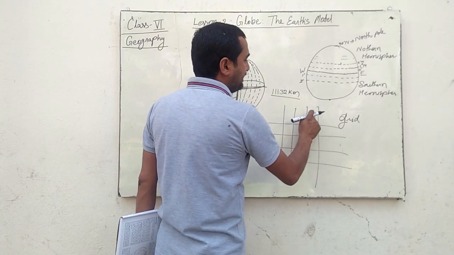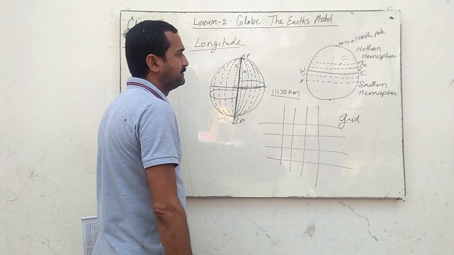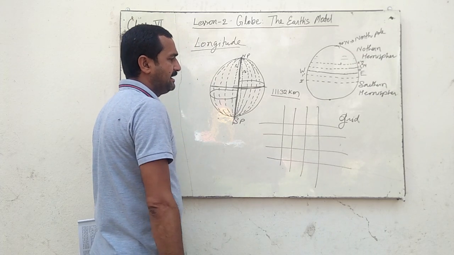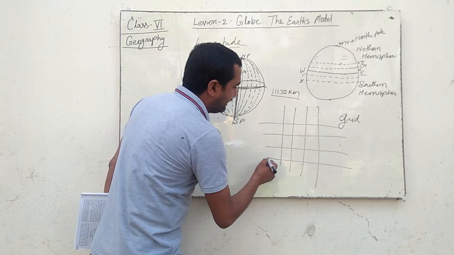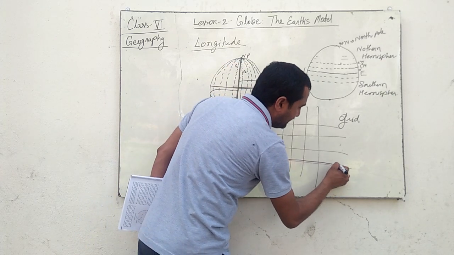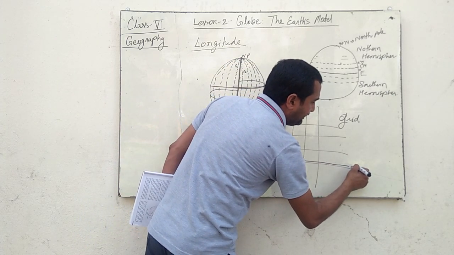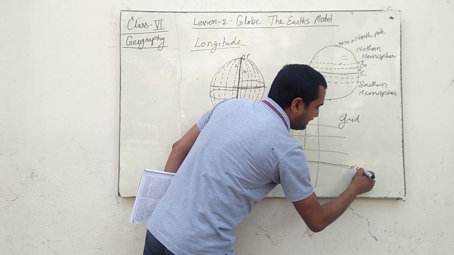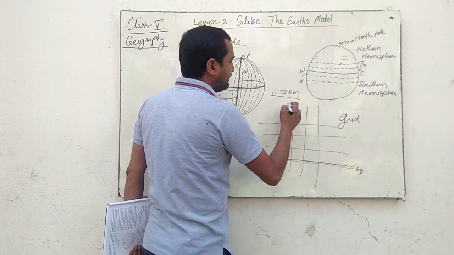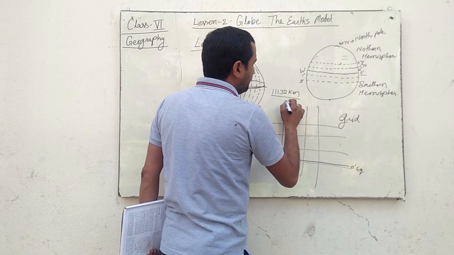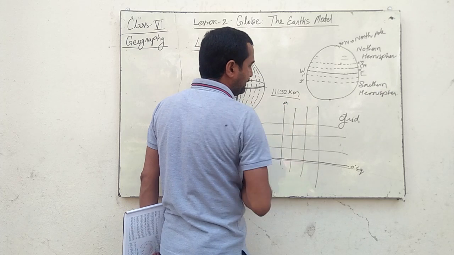And all these lines are numbered, as I have told you. So let us assume that this is 0 degree equator and this is 0 degree meridian, that is Greenwich.